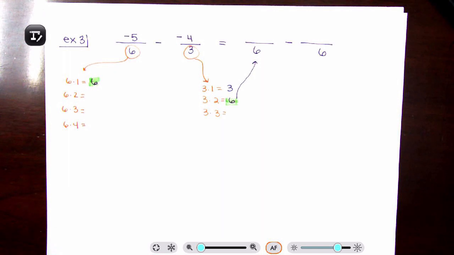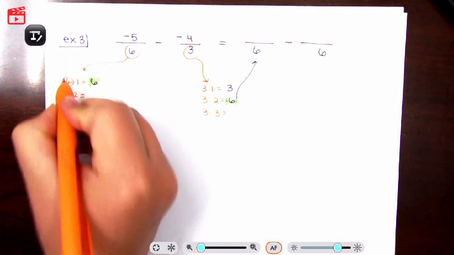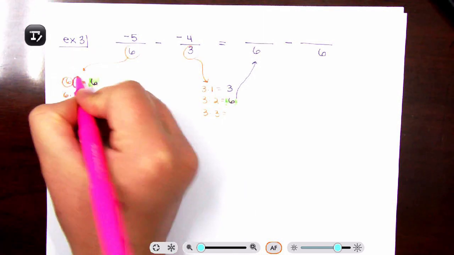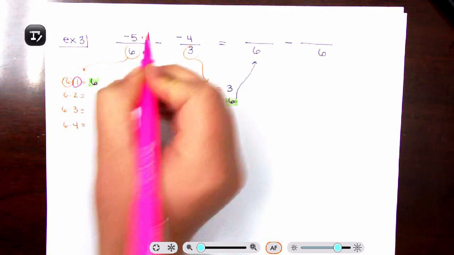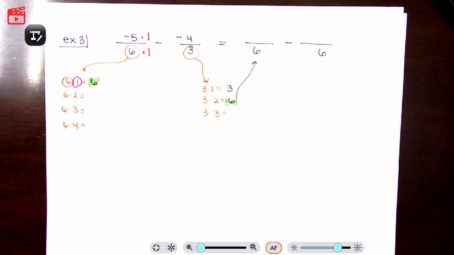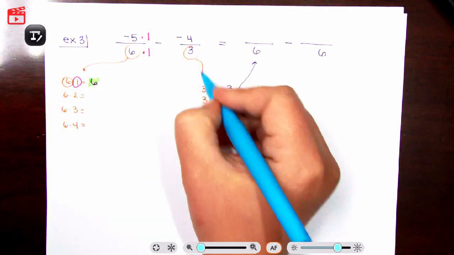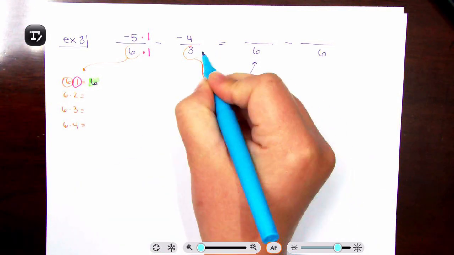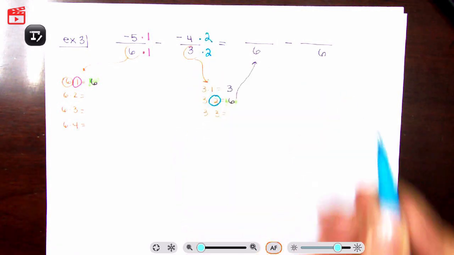But what happened? How did it happen? Well, 6 was multiplied by 1. So we're going to multiply top and bottom by 1. And 3 was multiplied by 2. So I'm going to multiply top and bottom by 2.